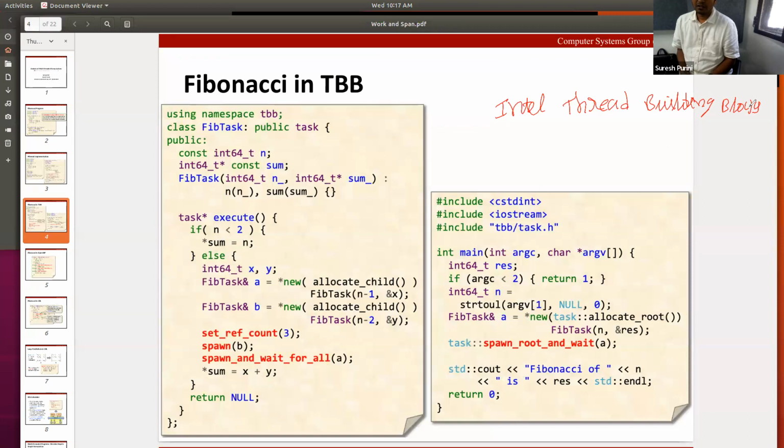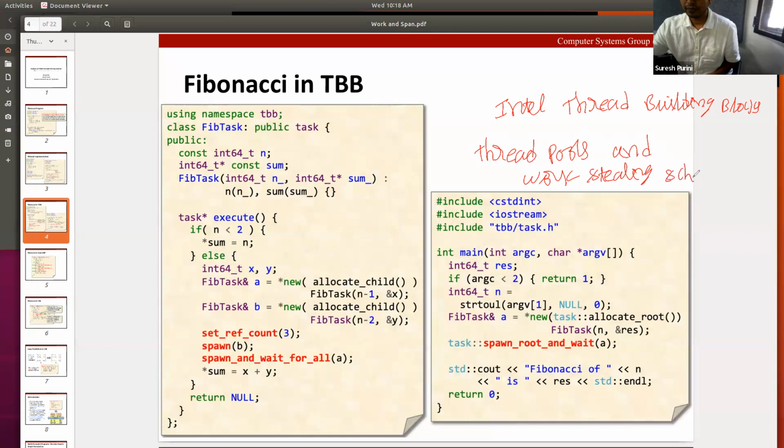And if you are a good C++ programmer, TBB uses what are called thread pools, and I think what is called a work stealing scheduling strategy.